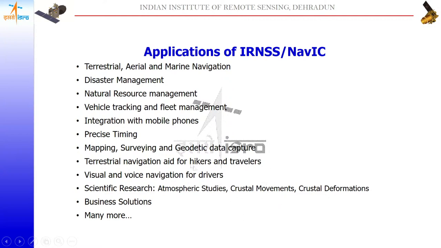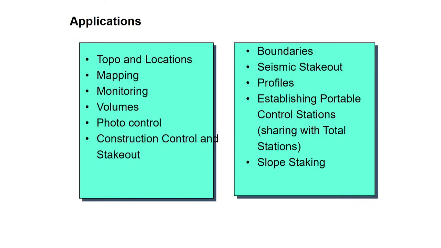We are still working on that, but most of the applications are very much possible with the present status of the IRNSS signal. These are some more applications of GNSS.